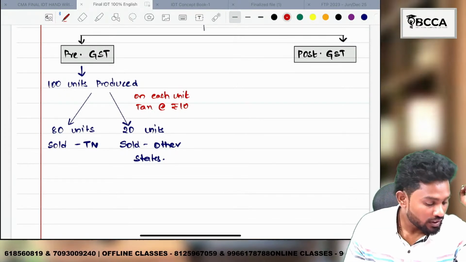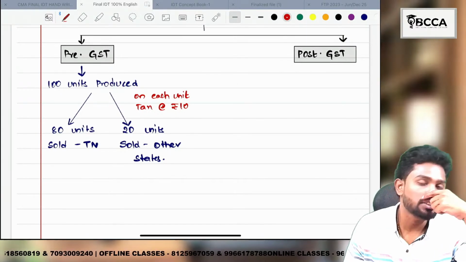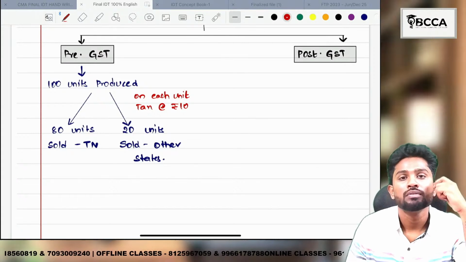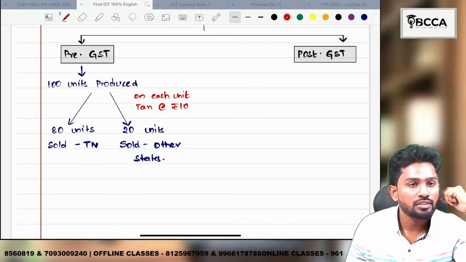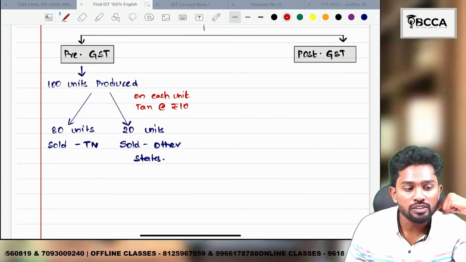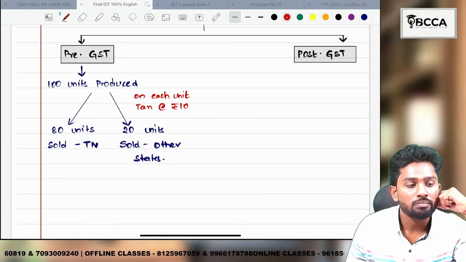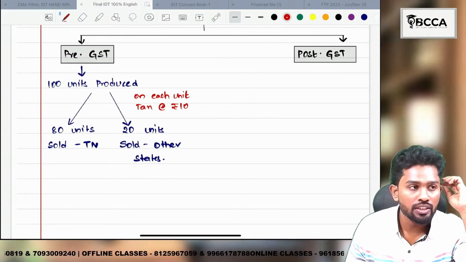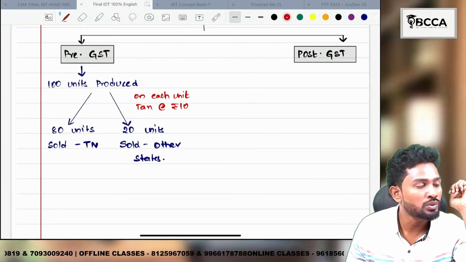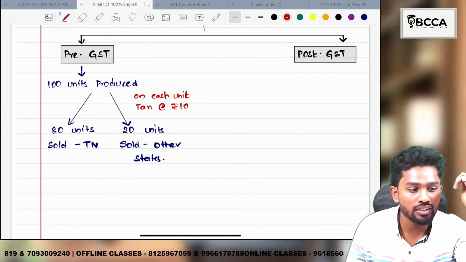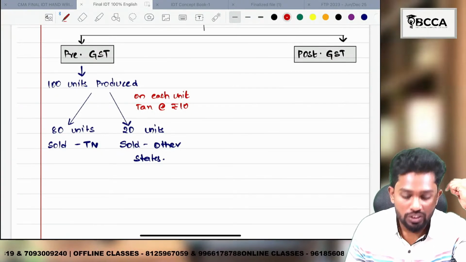So I got just now an update, sir, that results got preponed. Initially we were expecting the results on February 21st, but now the institute has released a circular stating that the results are preponed. They'll be announced on February 11th itself. 10 days early the results are going to be declared.